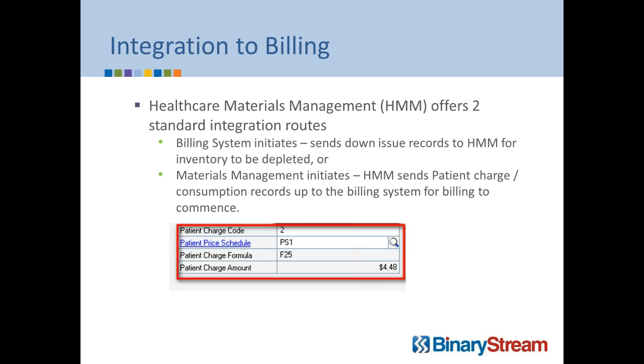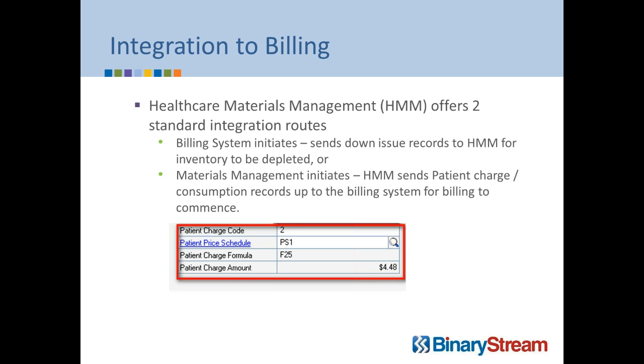Integration to different systems, and particularly billing systems, as we've talked about before, is extremely important within materials management. Now, Binary Stream offers two ways to integrate to a billing system, and I'm going to say billing for now, but I'm going to talk about how it integrates to other systems as well. Obviously, there's basically two ways and two systems.